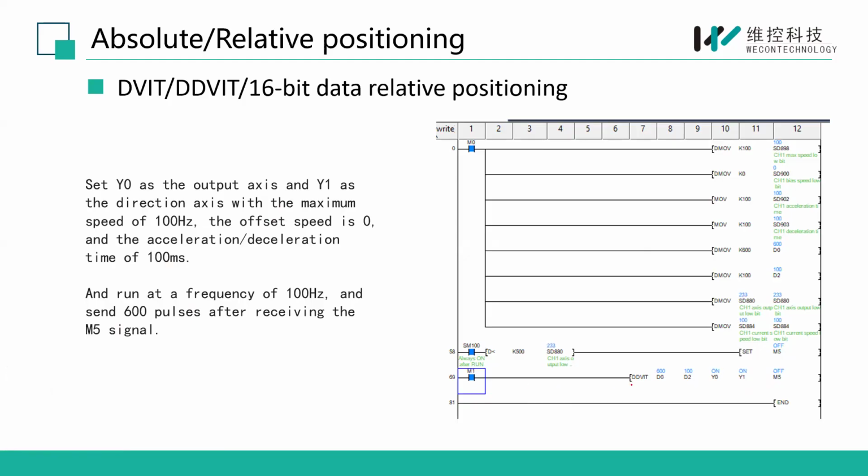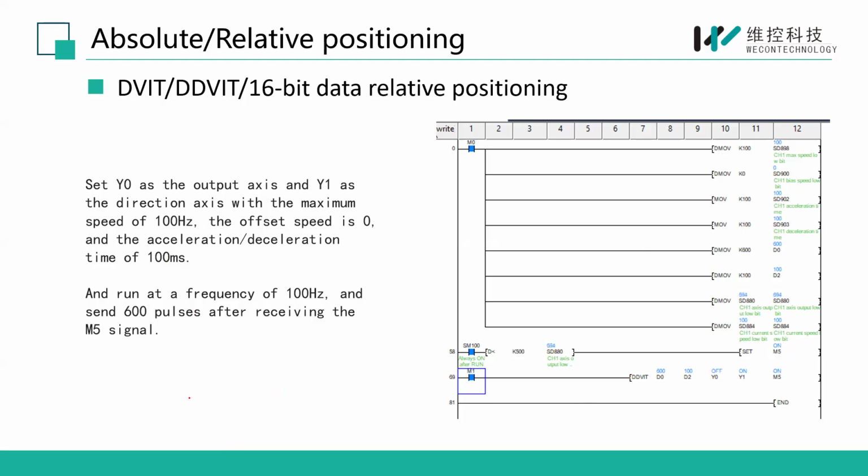When the function is triggered and the value of SD 818 is greater than 500, the interrupt signal will be triggered, and the PLC will send 600 pulses and stop automatically.